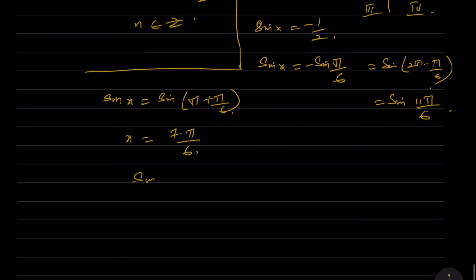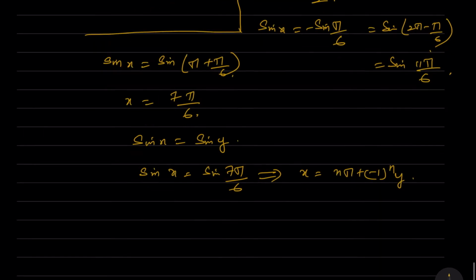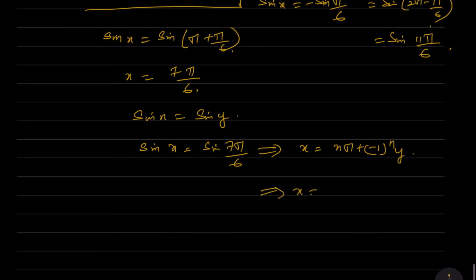Therefore you have sin x is equal to sin y. That means you can write sin x is equal to sin of 7 pi by 6, which implies that x is equal to n pi plus (minus 1) to the power of n into y, which implies x is equal to n pi plus (minus 1) to the power of n into 7 pi by 6 for n belongs to Z. This is the general solution of the given problem.